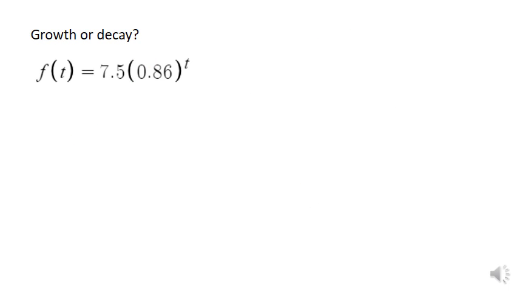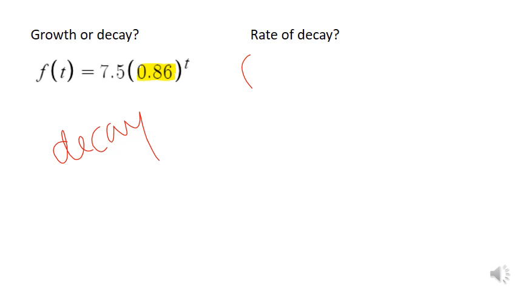Now if we look at this example, where what's in the parentheses is less than 1, we know we are looking at decay. All right, and then if we're asking for the rate of decay, well, the decay model has 1 minus r in those parentheses.